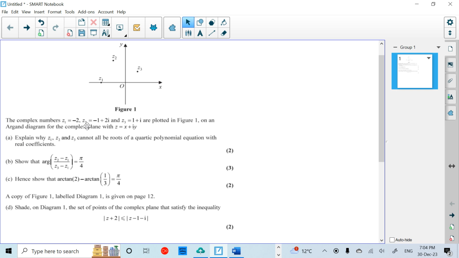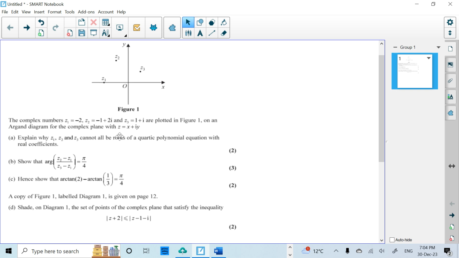That's one root, because the complex conjugate will not apply there. But z2 is equal to minus 1 plus 2i. That would have a complex conjugate, so that will have 2 roots. And also z3, 1 plus i, will have a complex conjugate as well. So therefore we've got a quintic.